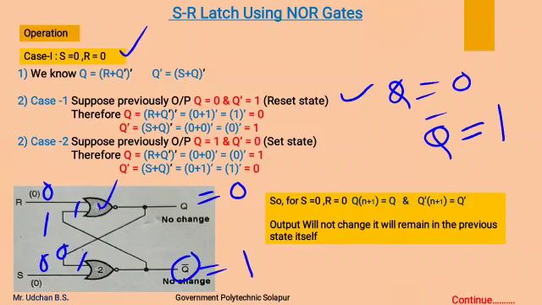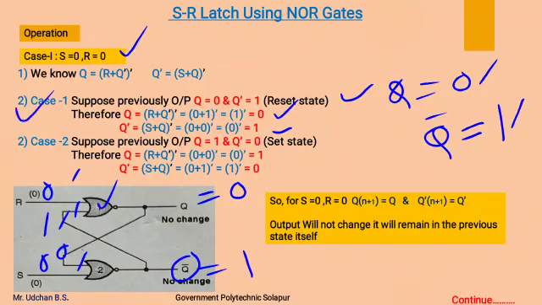So NOR gate 1 will have inputs 0 and 1, and NOR gate 2 will have inputs 0 and 0. By putting these values, we get Q as 0 and Q complement as 1. So initially we considered Q as 0, Q complement as 1. After applying inputs, we get the same outputs, that is Q as 0 and Q complement as 1.